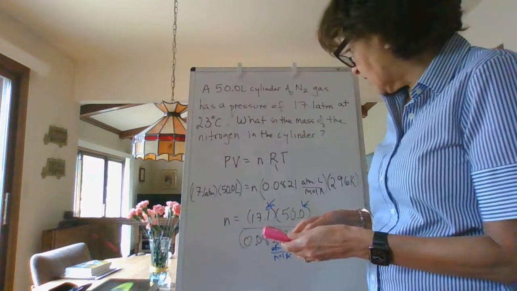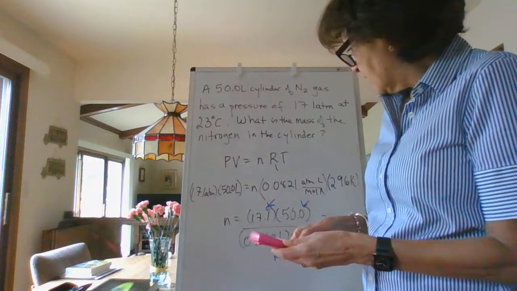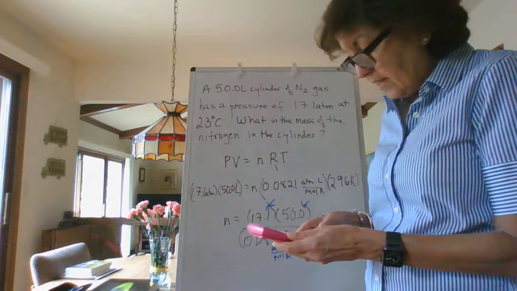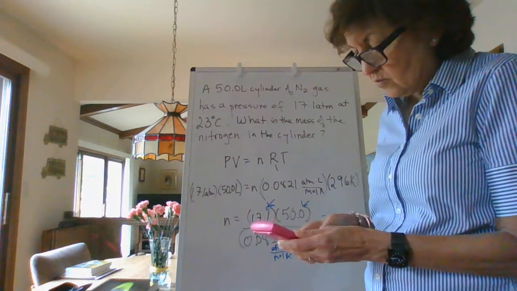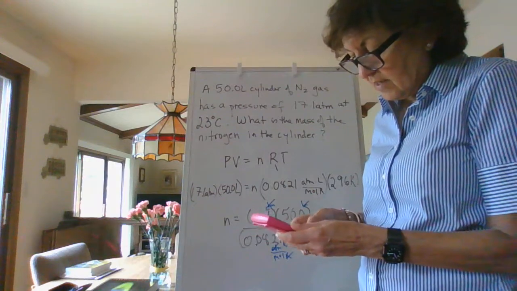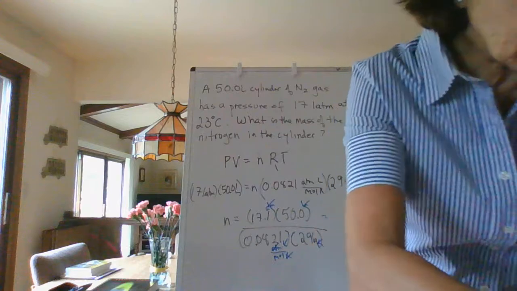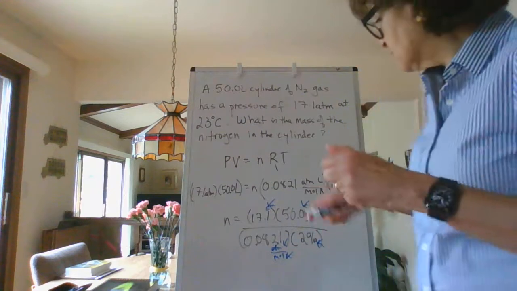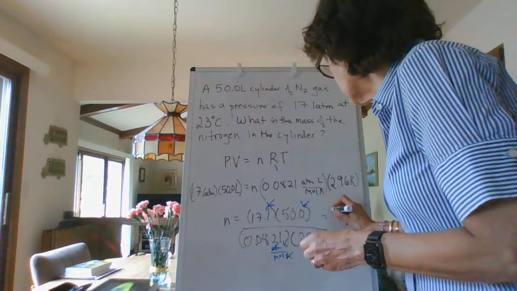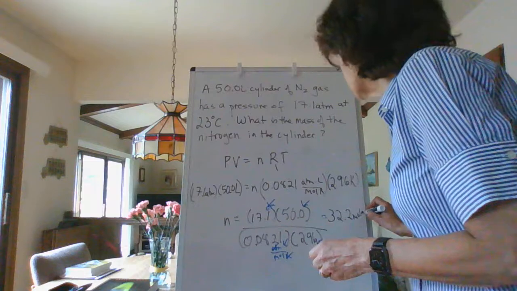Let me double check. 17.1 times 50 divided by 0.0821 divided by 296. Okay, I have 35.2 moles. That's a lot of moles. 35.2 moles. All right, but that's not what they want.